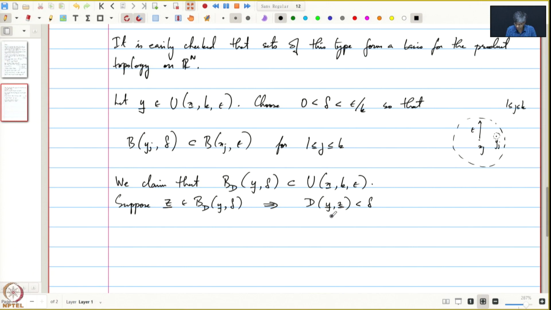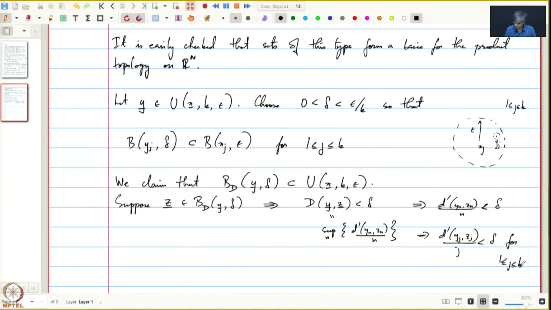Recall this was the supremum over n of d prime yn zn divided by n. So in particular, d prime yn zn by n is strictly less than delta for all n, and in particular also for j lying between 1 and k.